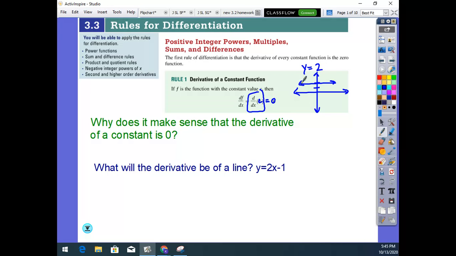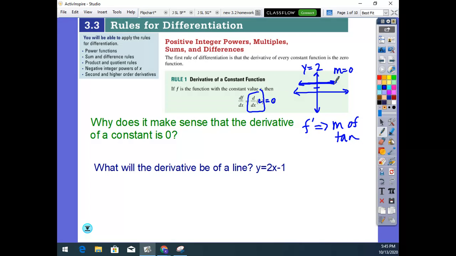If we look, the slope all the way along a horizontal line equals 0. And if you recall, the derivative tells us the slope of the tangent line. Well, when you have a horizontal line, the slope of the tangent all the way across is 0. So that's why the derivative of all constants is 0.